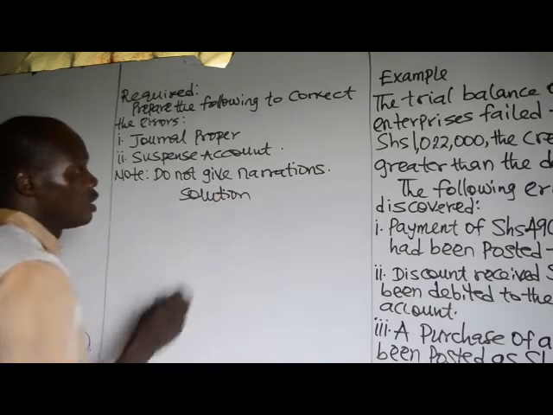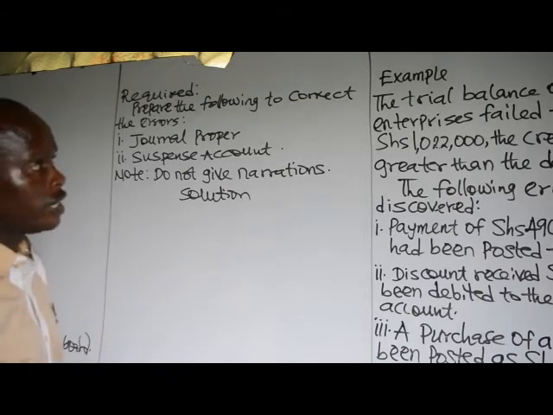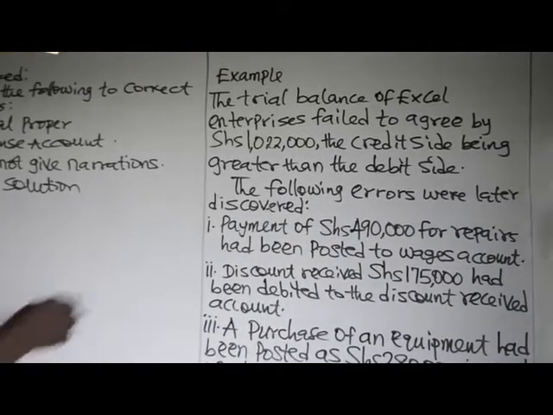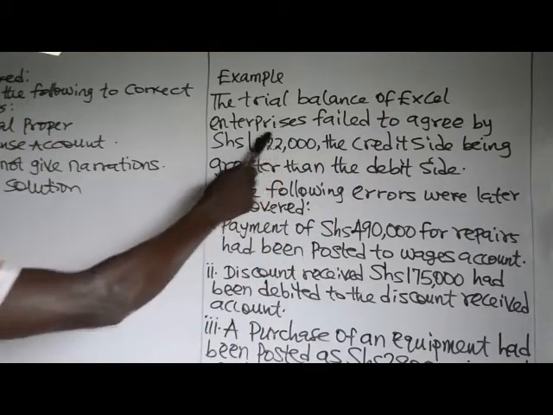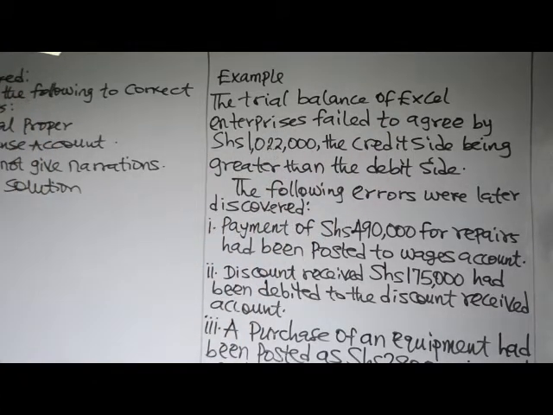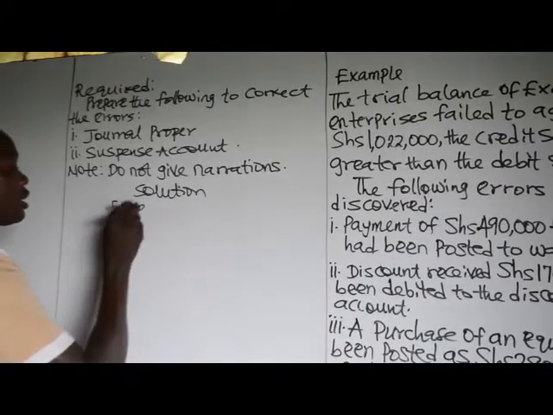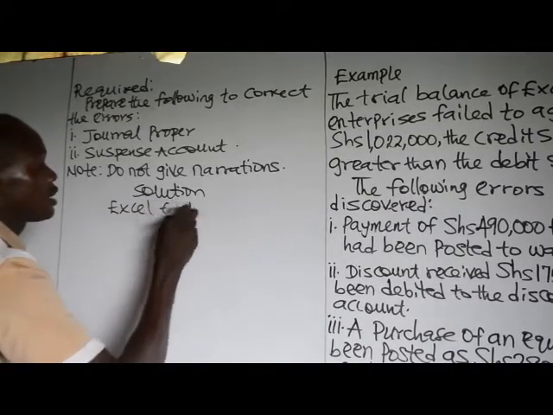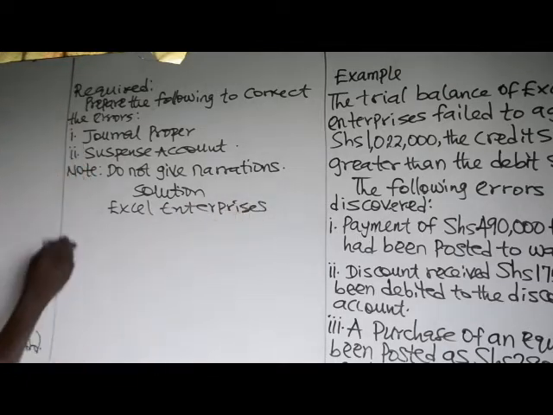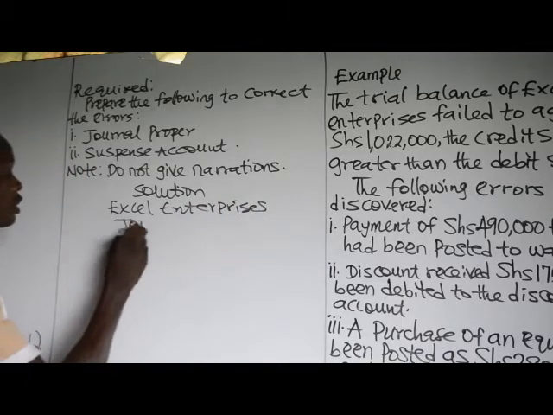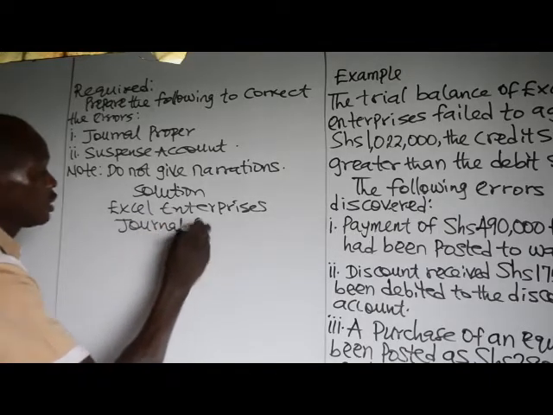Solution. So the first thing is the name of the entity, the name of the business. The name of the business is Excel Enterprises. Then we have journal entries.